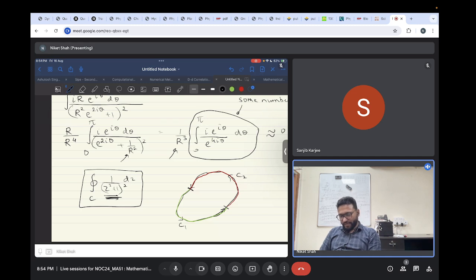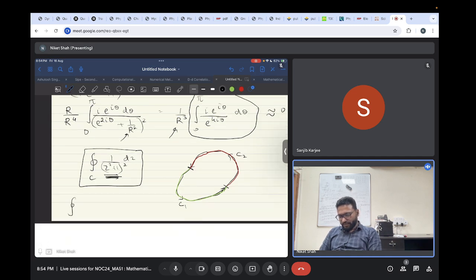And now what I'm saying is that the integral over C of 1 upon z square plus 1 the whole square dz is equal to the integral over C1 of 1 upon z square plus 1 the whole square dz plus the integral over C2 of 1 upon z square plus 1 the whole square dz. Is this clear till here? Yes. So basically I'm simply breaking the contour into two parts.